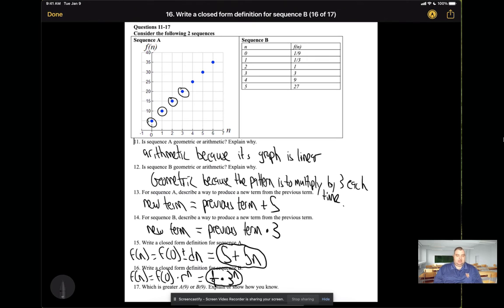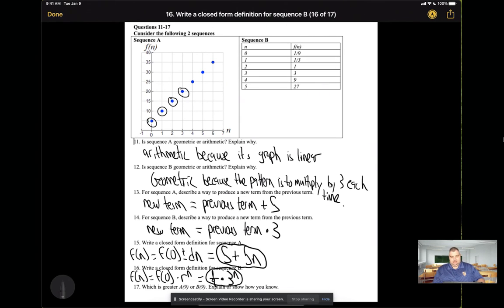Sequence A is arithmetic. Sequence B is geometric. We've already established that, and that they're both increasing. So the question is, which type of sequence increases at a faster rate? An arithmetic sequence or geometric sequence? And we determined in a previous lesson that it's the geometric sequence that increases at a faster rate because it's exponential.